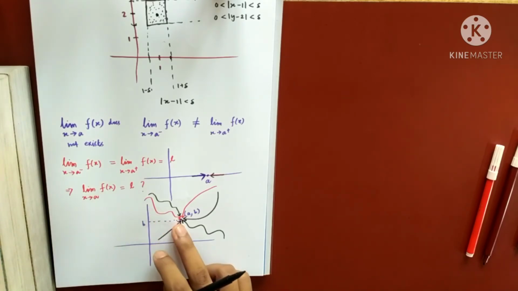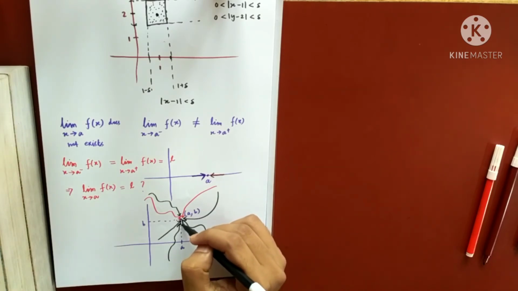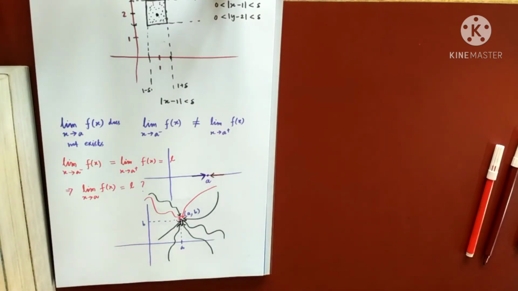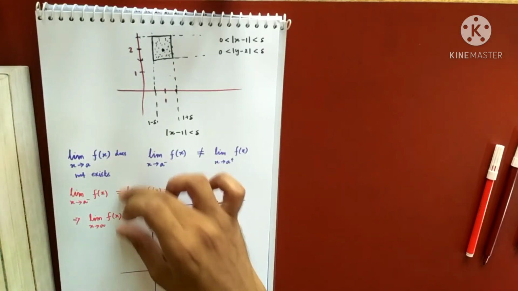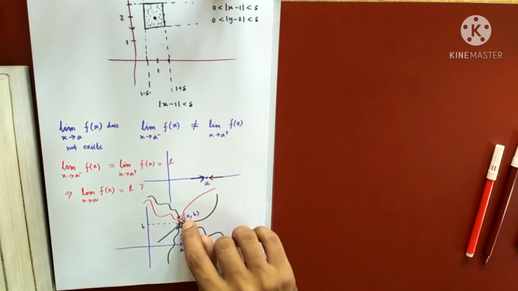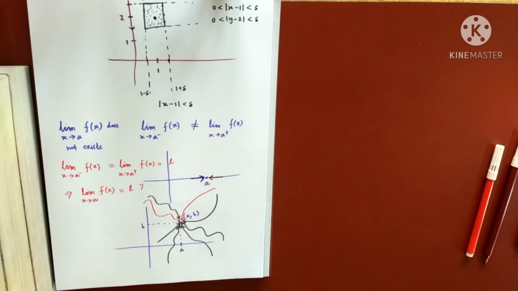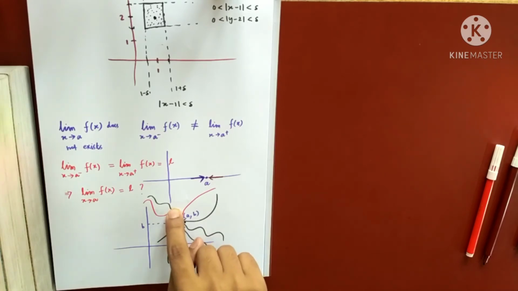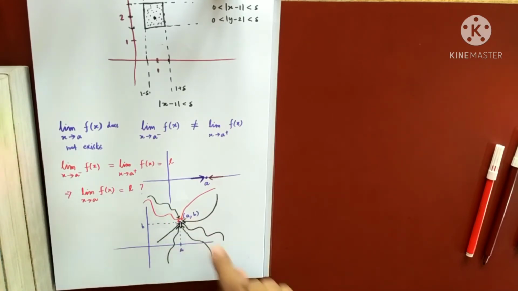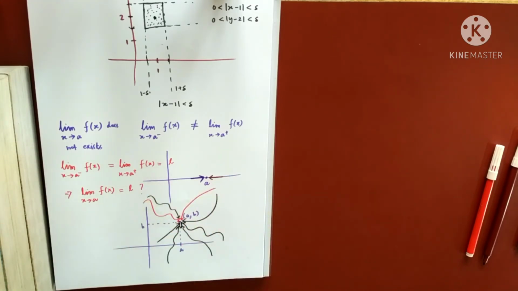Here, there are more than two paths. There are infinitely many paths. You can go from this line, from here, and so on. Are you getting my point? So this will not hold, because to check this you have to approach (a, b) along every possible path. If along this path the limit is L, along this path the limit is L, and along this also the limit is L, I have to check all possible paths.